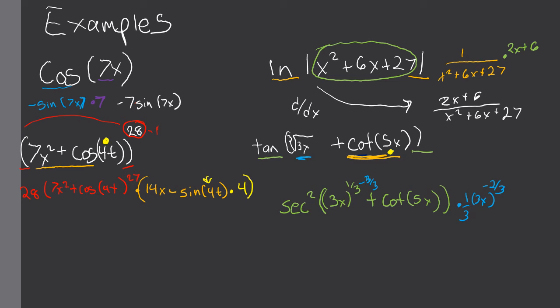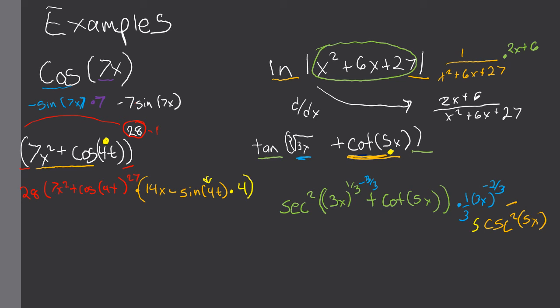And then we've got this cotangent that we need to deal with. So we're going to continue and write it down a little lower. The derivative of cotangent is negative cosecant squared. And we've got that 5x because that's our inner function. And then we multiply this by 5.